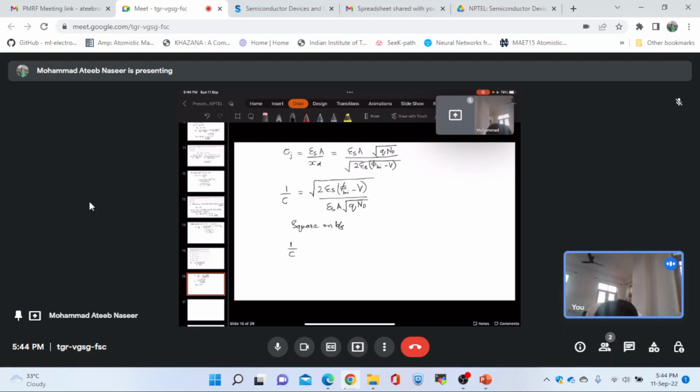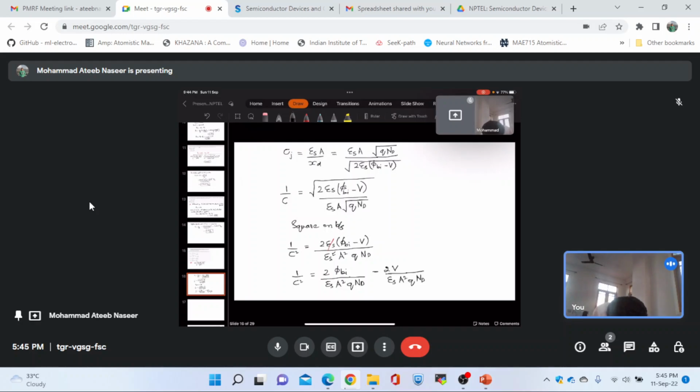It becomes 1 by C square equal to 2 times epsilon s (phi bi minus V) divided by epsilon s square A square by Q N D. This epsilon s will cancel, and we are left with 1 by C square equal to 2 phi bi divided by epsilon s A square Q N D, minus 2V by epsilon s A square Q N D.